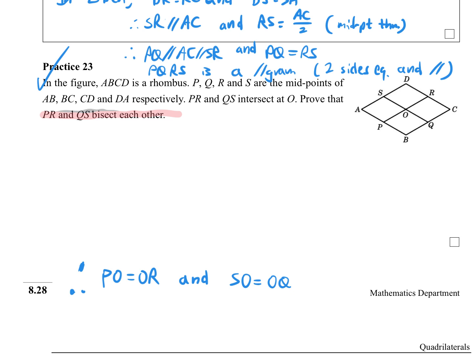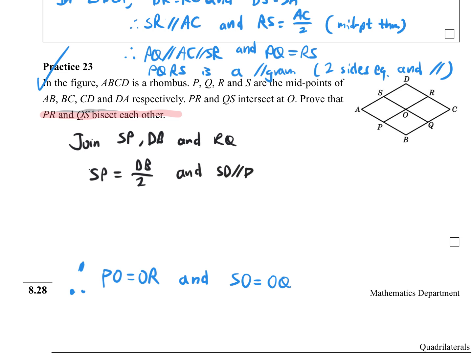Okay, first of all, let me outline the solution. To solve this, one exciting way is to join SP, DB, and RQ. And then you can prove that SP equals half of DB and SP is parallel to DB, just as in the example above. So similarly, RQ also has the same property.